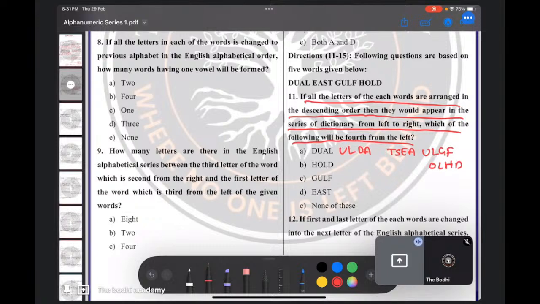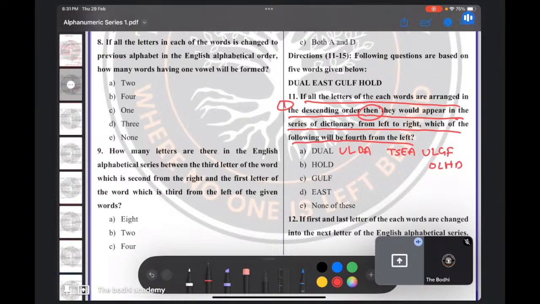Now they are asking which of the following will be the fourth from the left. So if all the letters are arranged in the descending order, the first work we have done. Now they would appear in the series of the dictionary from left to right.